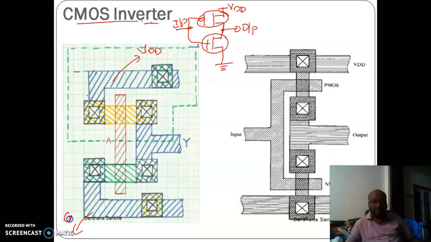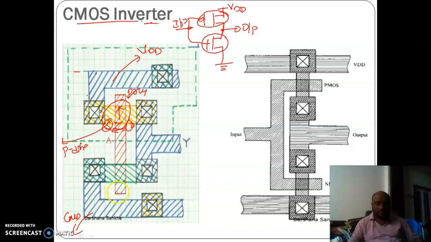Then this is a polysilicon which is running throughout the layout, this poly, and this yellow one is the P diffusion, where this side forms the source and this side forms the drain, and this one represents your channel length and this one represents your channel width. And similarly here we have this poly, so this forms a PMOS transistor, poly overlapping the P diffusion.